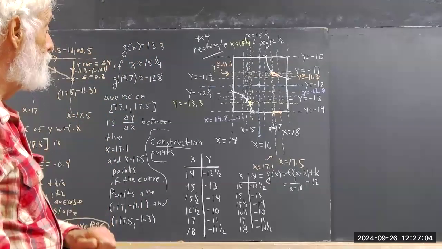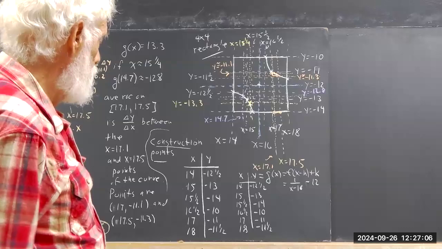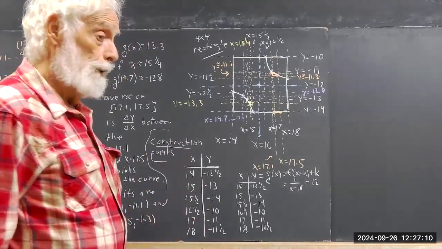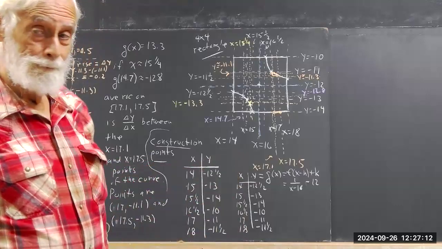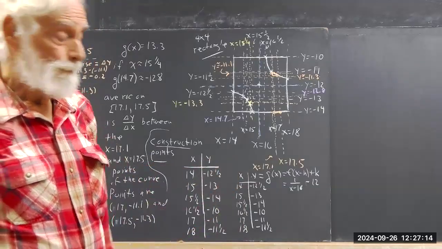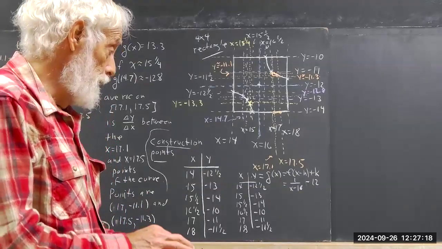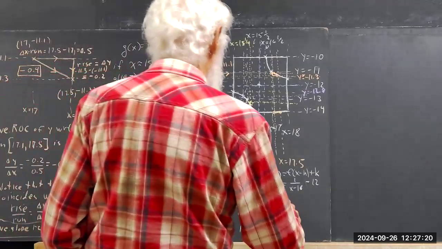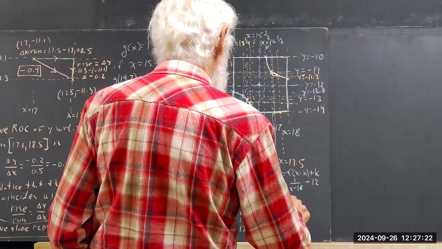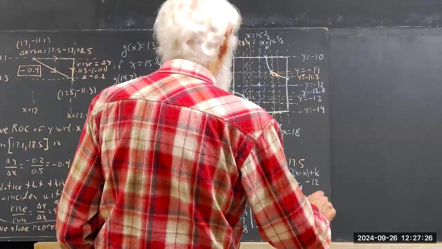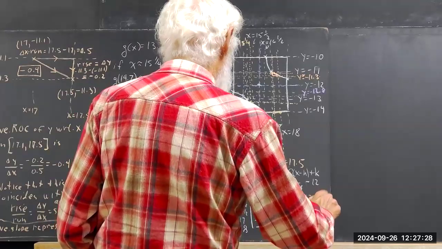Okay. Now, you can make your estimates here and then pretend you've calculated. Well, I want to see the details of the calculation. So I want you to write out, for example, x equals negative 14.